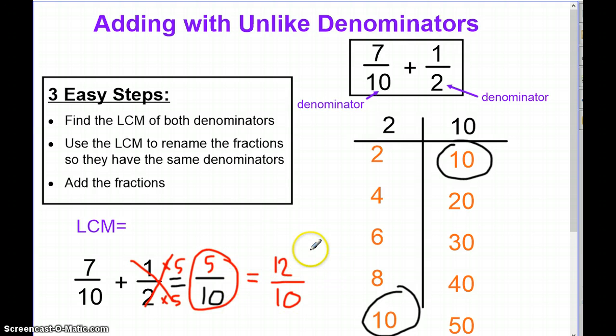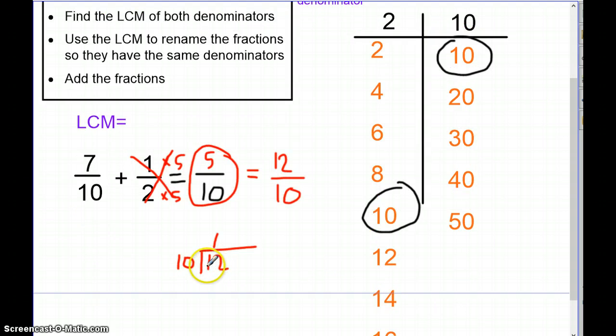So our answer is 12/10, but good mathematicians know that we should definitely simplify this and turn it into a mixed number, okay? So we rewrite it as 12 divided by 10. 10 goes into 12 once. 1 times 10 is 10. We're going to end up with a remainder of 2. So our mixed number, 12/10, is equal to 1 and 2/10.